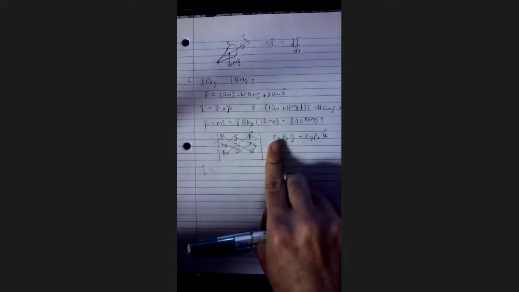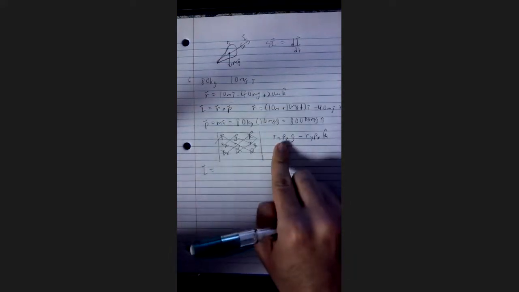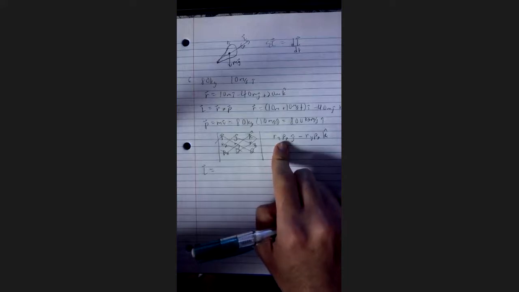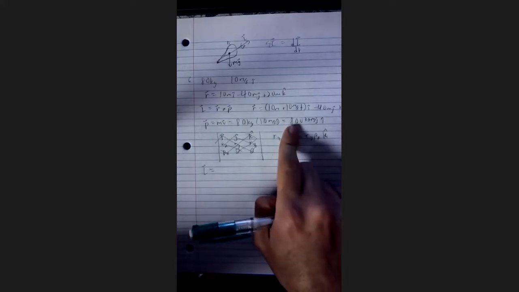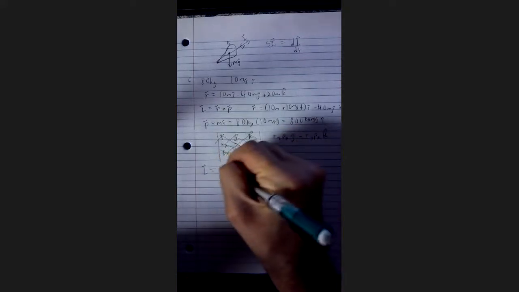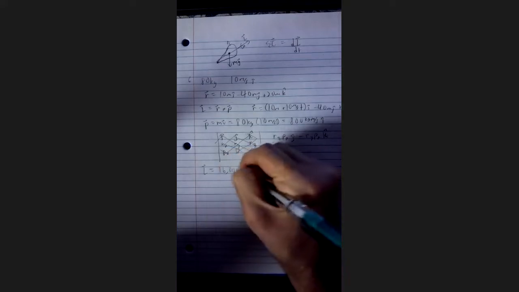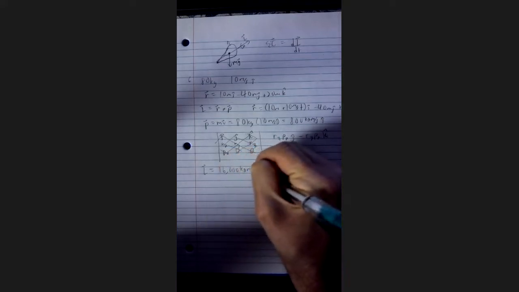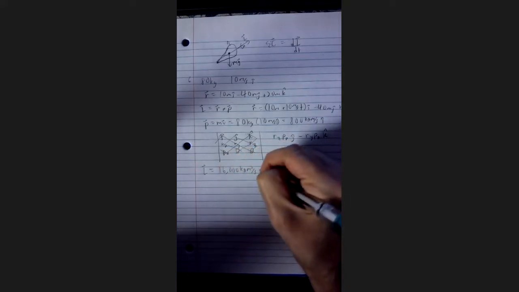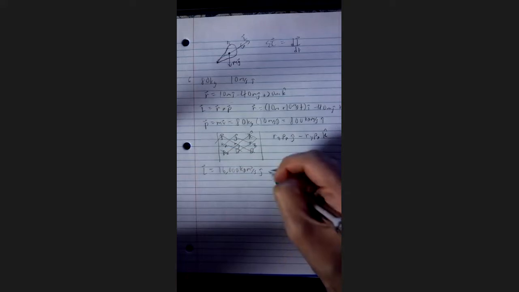So our L then is the z part of our position, which was 20 meters, times our momentum in the x direction. So we have 16,000 kilogram meters squared per second in the y direction. And then we have the y part of our position vector, which is minus 40.